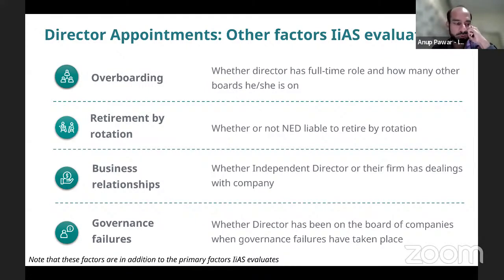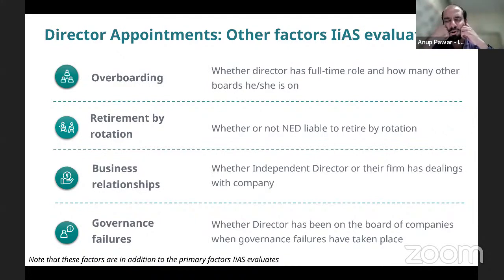We are also beginning to look at business relationships where companies have independent directors who may have a small or large business relationship. While they may be well within regulations, where they don't fall under the definition of pecuniary relationship as defined by law, they may still have some relationship.